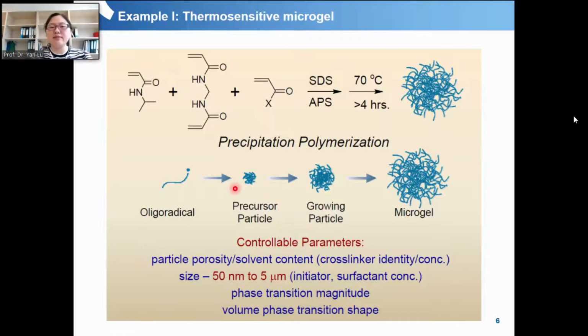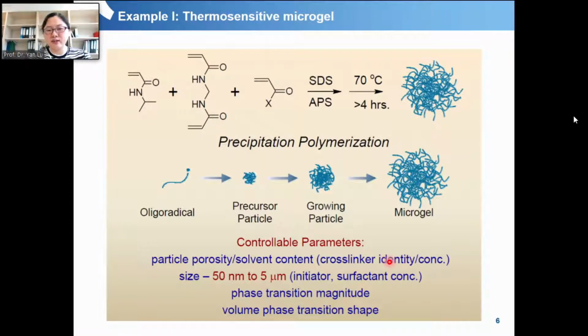In this case, of course, you have several parameters to control such a polymerization process. For example, you can control the cross-linker amount, so then you can control the cross-link density.